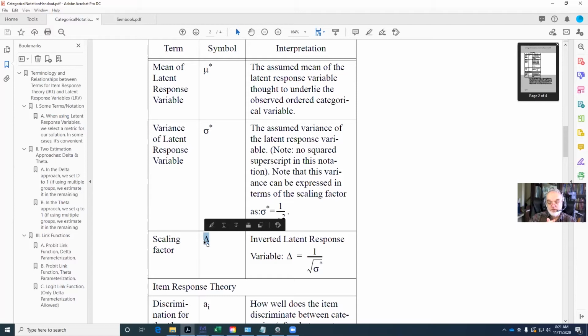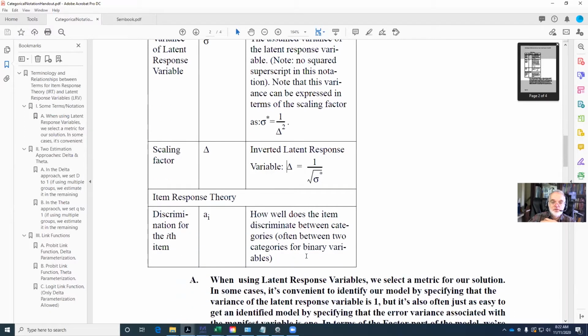It's just the case that it's easier to have the computer program search and minimize your latent response variable and your categorical dependent variable, thinking about this delta instead. And the way to get from a variance to delta is via this formula. So that covers regular old continuous variables, categorical dependent variables, and latent response variables.